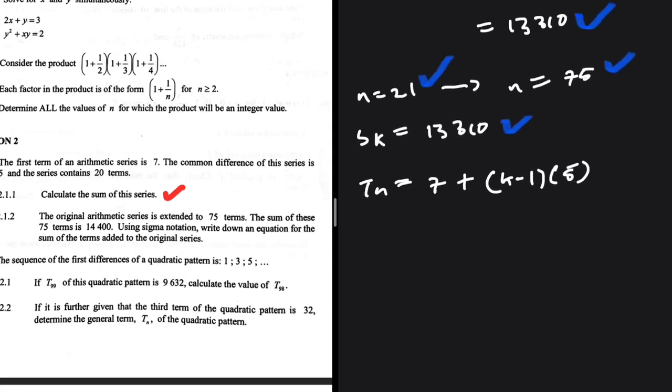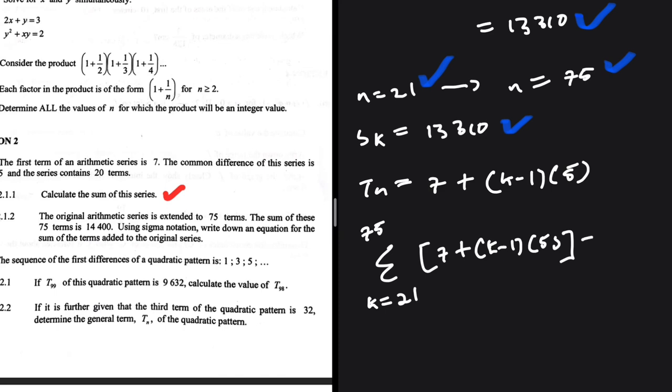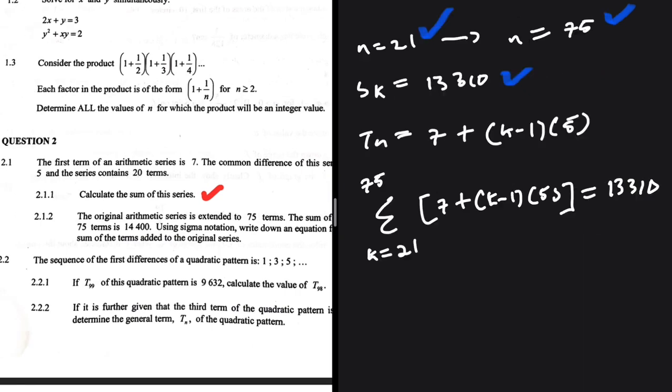When we represent this as sigma notation, we're going to have K equal to 21, because that's where we're starting, and we end when K is equal to 75. And the formula that we have, let me use a bracket there, is 7 plus K minus 1, everything multiplied by 5. And we know that this sum should be 13,310.